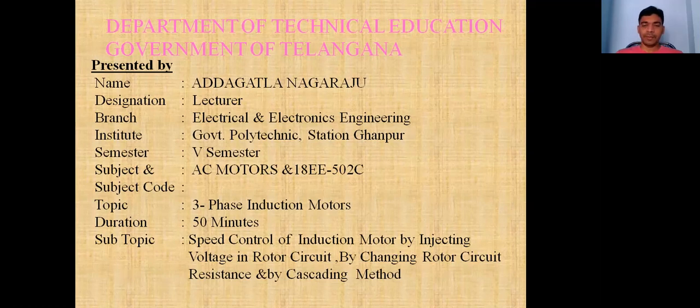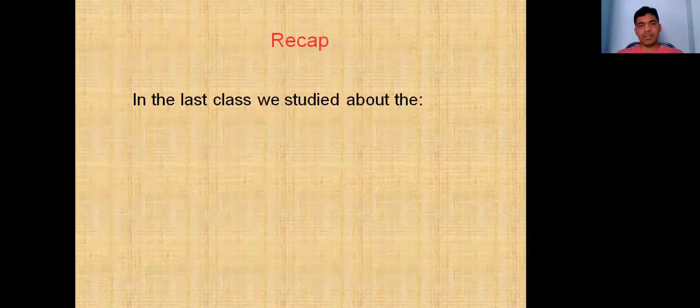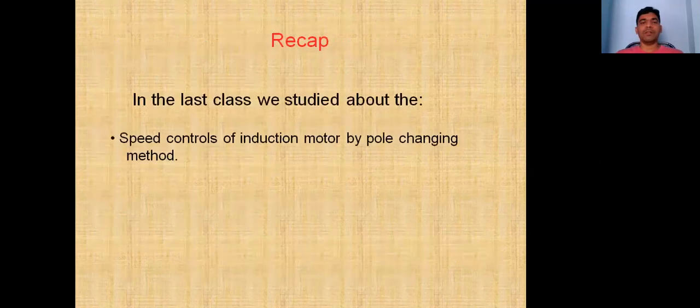Okay, so from this topic we are completely covering 3-phase induction motors chapter today, and then from next class onwards we will start single-phase induction motors. Okay, so what we have discussed in last class.